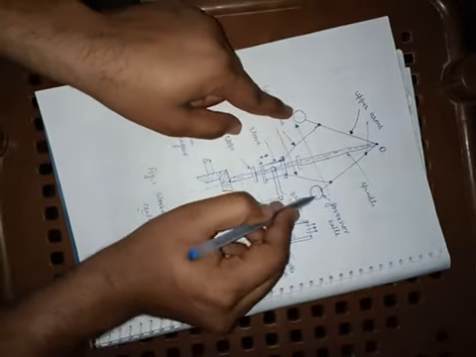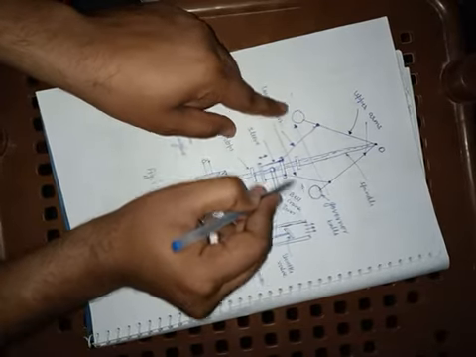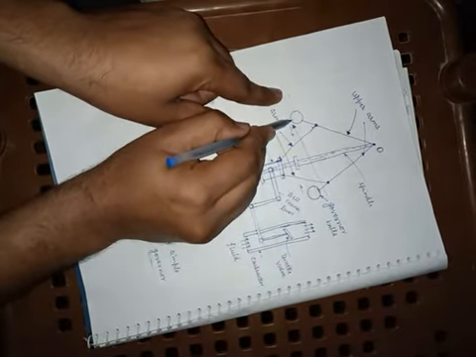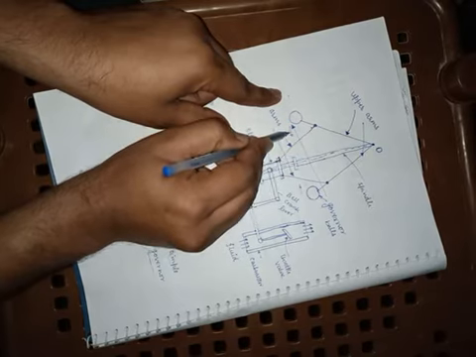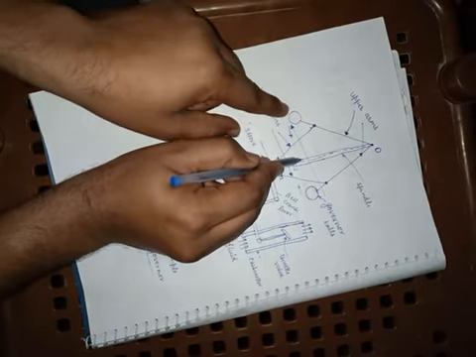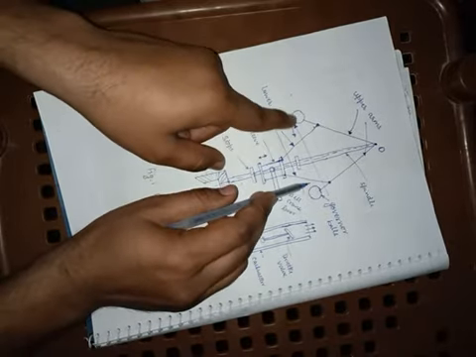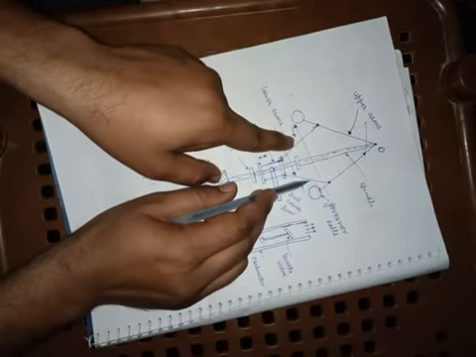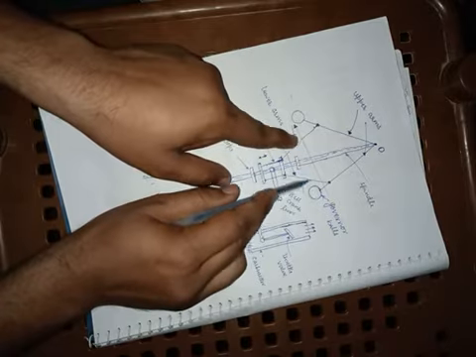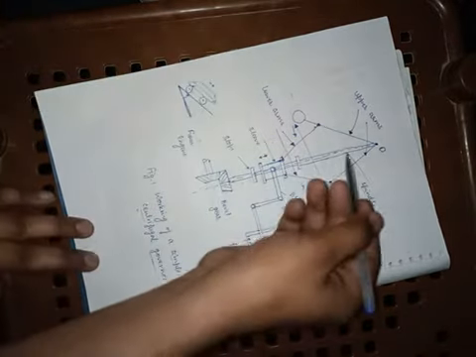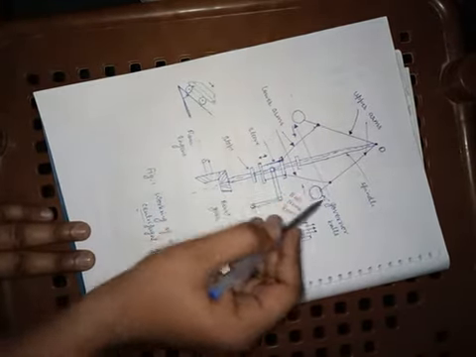So these balls come downward towards this axis or this spindle. Due to this motion, this sleeve moves in the downward direction. This motion of the sleeve is then communicated to this bell crank lever.